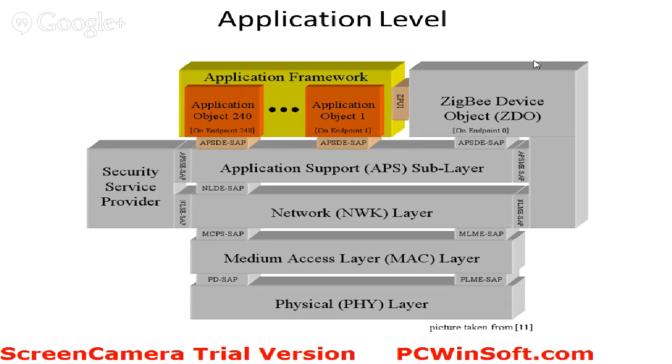Means at a time you can run up to 240 applications on a single ZigBee device. This ZigBee device object is assigned an endpoint address 0. This is the default which is not available for users. And finally, address 255. That endpoint address 255 is assigned for broadcast. If you want something to be broadcasted to the entire ZigBee network, that message is generated from the application object 255.